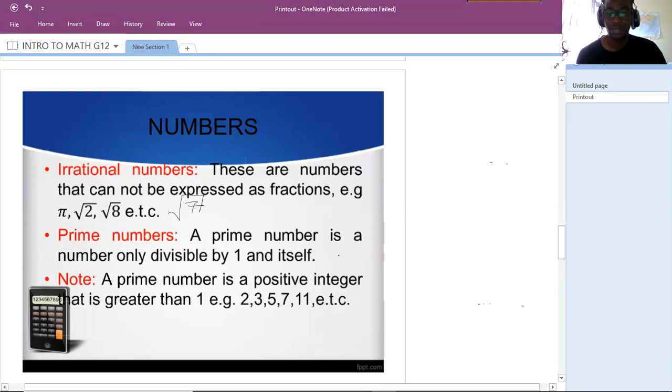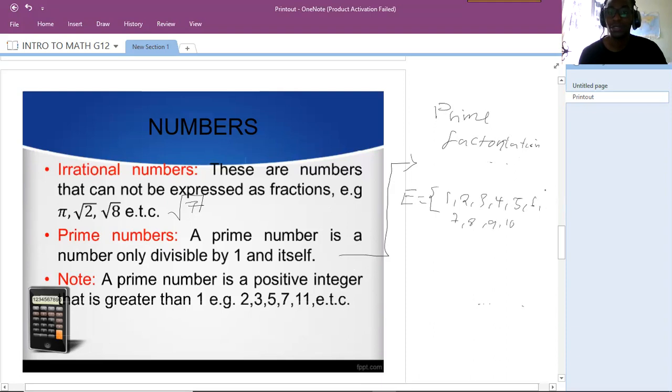So prime numbers. Examiners love prime numbers. Why? They can bring something known as prime factorization. I'll show you this probably in the next class. Or maybe they can say you've been given a universal set and they add numbers 1, 2, 3, 4, 5, 6, 7, 8, 9, 10. That's the universal set.